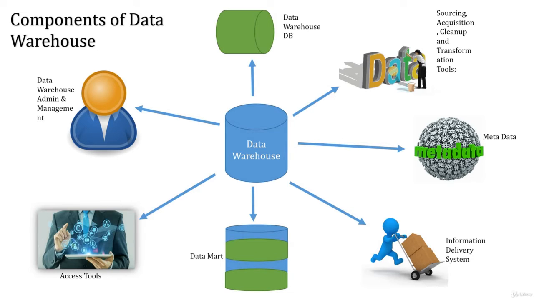And the next thing is converting to common data names and definitions. For example, you are receiving a customer name field from 2 different data sources. In one data source, the name of the field is given as customer name, and in another source, it is given as only customer.